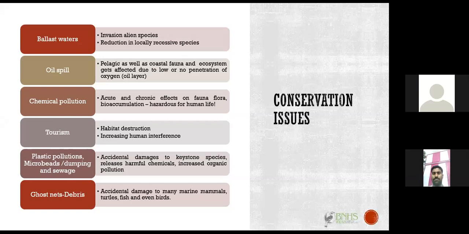Then there are oil spill issues. Obviously, oil spill, besides the chemical effect, also physically affects the organisms. Then there is chemical pollution and the tourism effects. There is a lot of human interference because of tourism along these habitats. Then the plastic pollution or the microbeads.